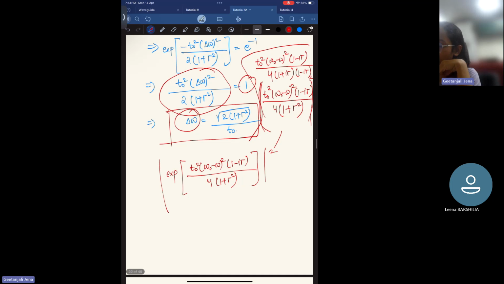So I think you are thinking that this will also become 1 plus gamma square, and this will cancel with this one. Is this what you are thinking?